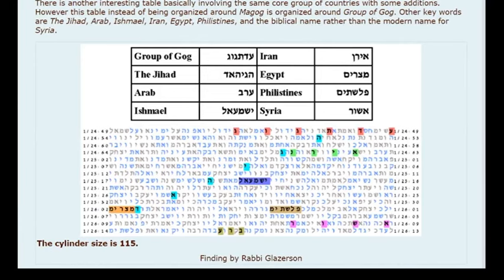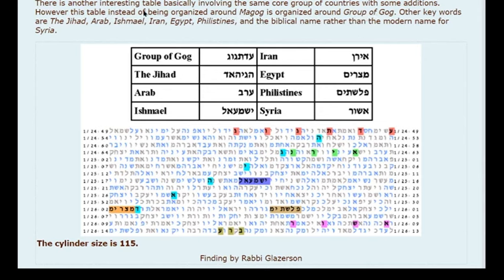Then there is an interesting table which I found, and about this he says there is another interesting table that basically involves the same core group of countries with some additions. However, the table, instead of being organized around Magog, is organized around the group of Gog.